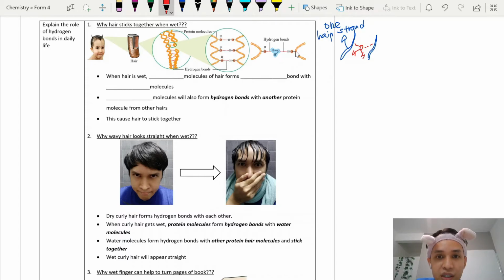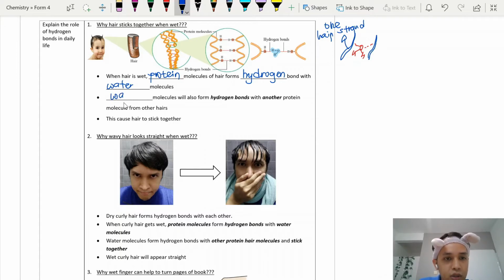This one is from one hair strand, and this one is from another hair strand. So two hair strands combine together, that's why they stick. The reason they stick is because of the hydrogen bonds. So when hair is wet, the protein molecules of hair form hydrogen bonds with water molecules.